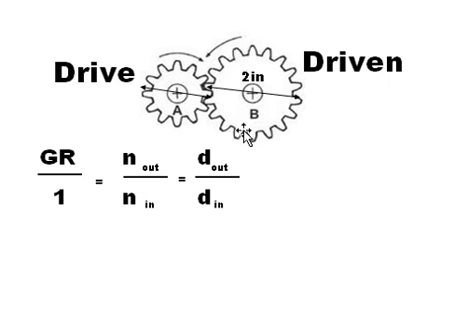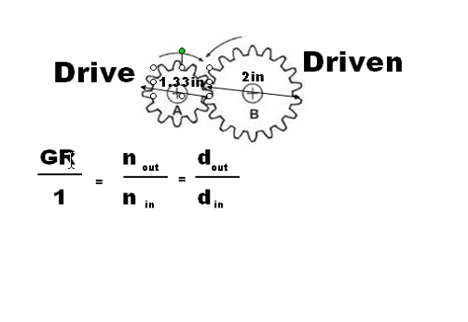Well, let's take a problem here. Let's say we have two gears and we know that this gear is 2 inches, then we also know that this gear is 1.33 inches. How do we calculate the gear ratio of these two gears?